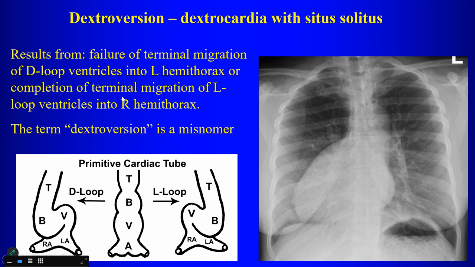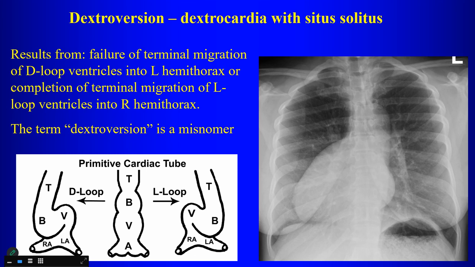The other way this can happen is if we have completion of terminal migration of L-loop ventricles into the right hemithorax. Let's say again we have situs solitus here, right atrium on the right, left atrium on the left. But instead of forming a D-loop, the heart forms an L-loop. By the way, what do we call that? If you have an L-loop with situs solitus, what kind of loop is that?